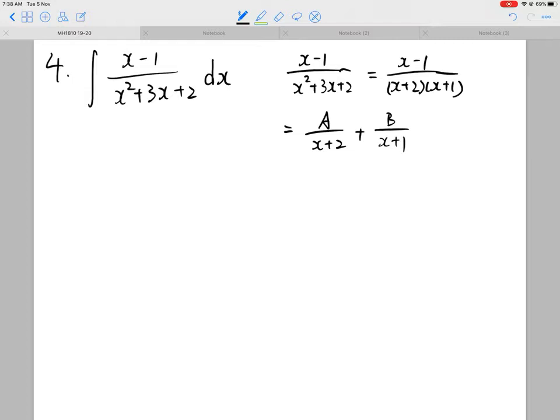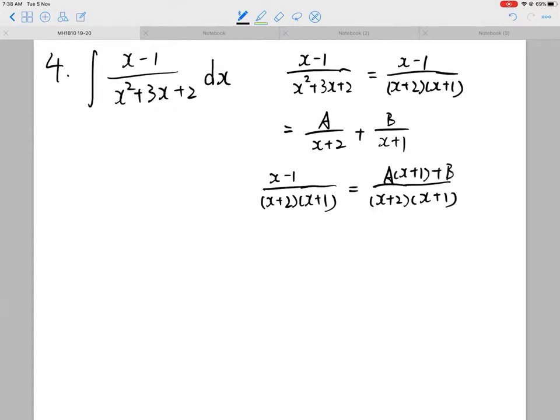Okay, so we can solve this for A and B. How do you solve this? On the left side you have x minus 1. On the right side you have A times x plus 1 plus B times x plus 2.